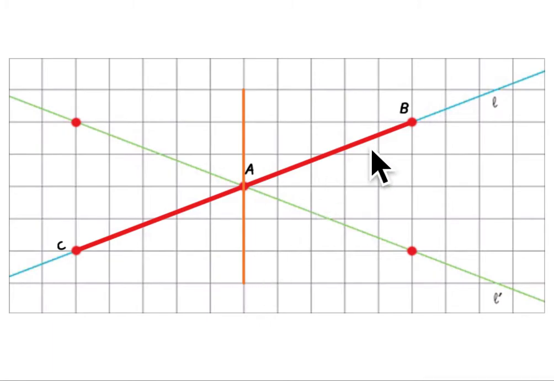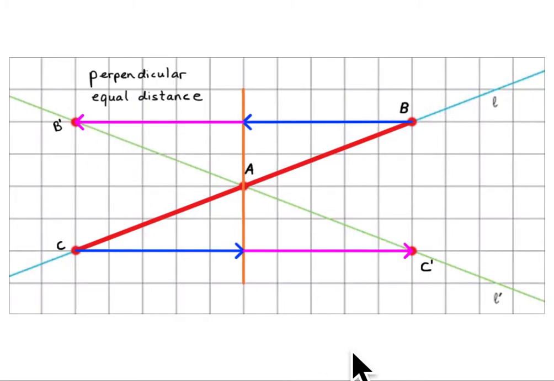And so each corresponding point is going to move in a perpendicular direction to that line of reflection. All right, so B is going to go here. It's perpendicular and it's equal distance. So this is a perpendicular or 90-degree angle with the line of reflection. It's the equal distance to here and then to here. And C travels that same distance to here and then an equal distance to get to C prime.